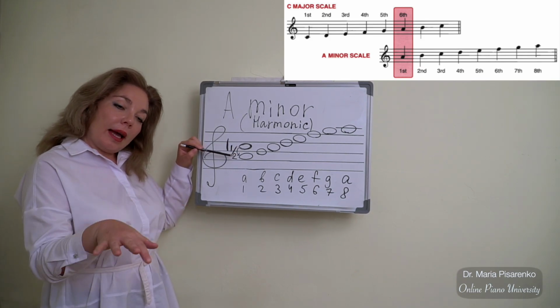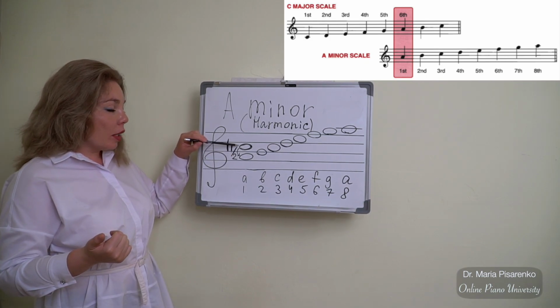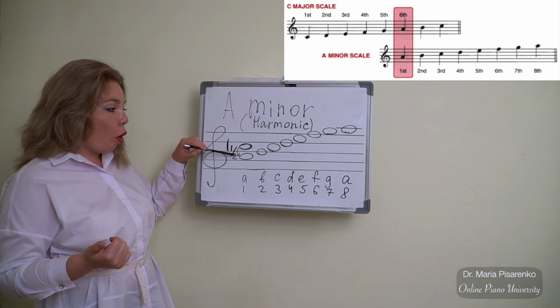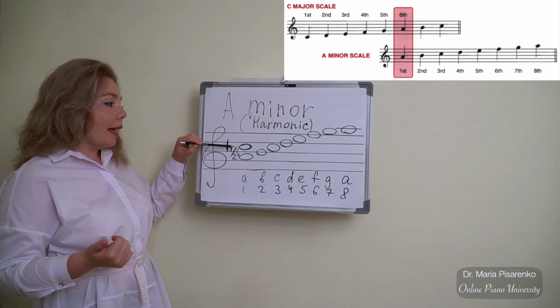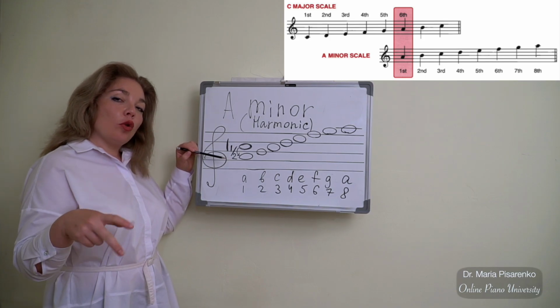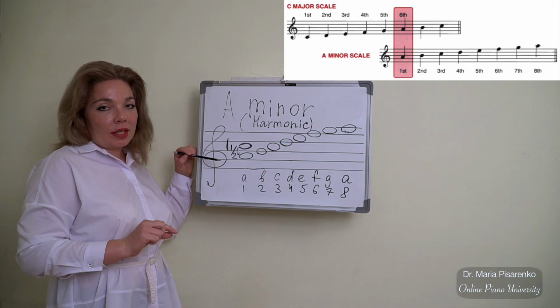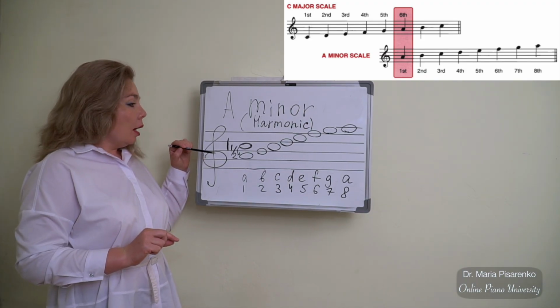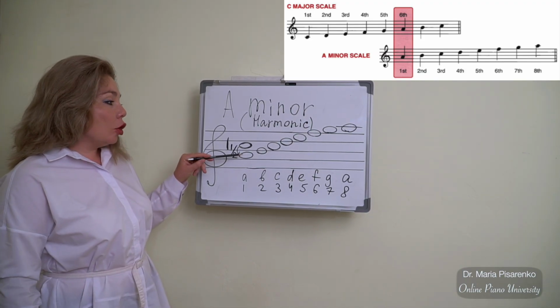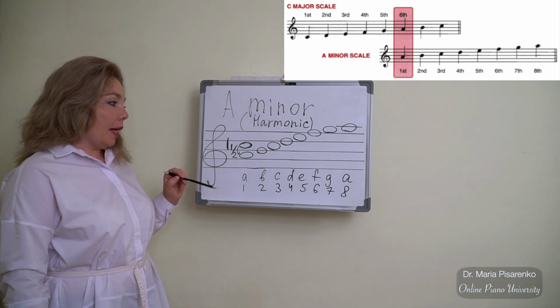Down means to the left if you think about the keyboard, but you can see here that you have to go lower 1.5 steps. So from C you go a whole step plus 1/2 step. And you will find your A minor, which is a relative of C major.